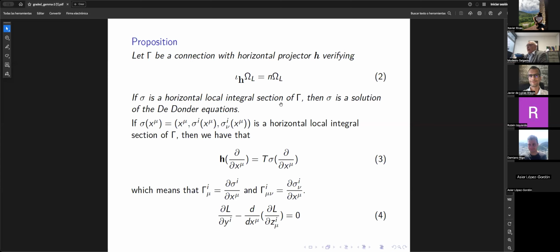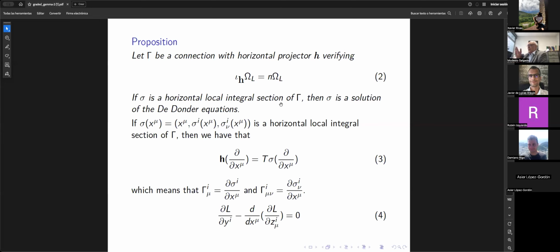Okay, another approach is just to consider, instead of Ehresmann connections, and this is the favorite approach by the people from Barcelona now and Tarragona, to consider the decomposable multivector field.